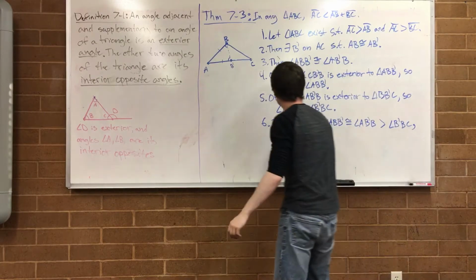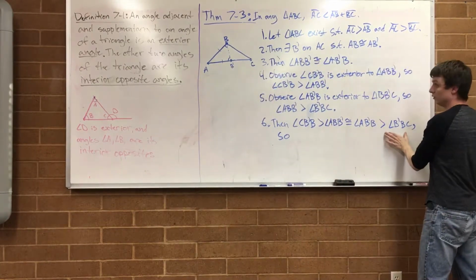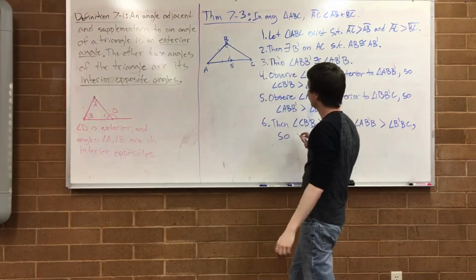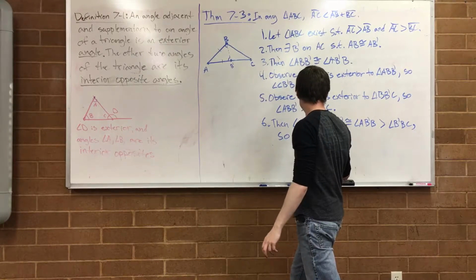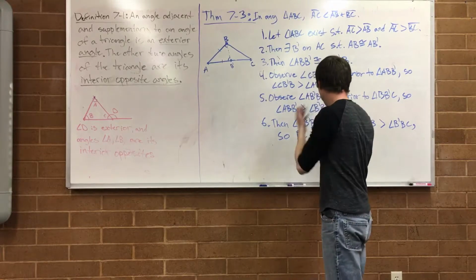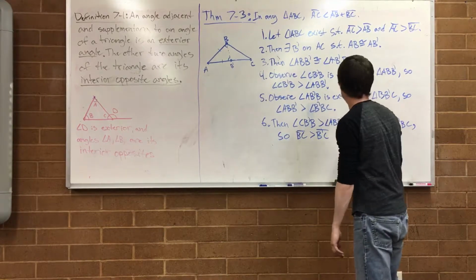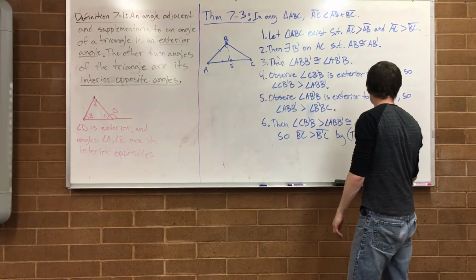So, if this angle is greater than this angle, BC is greater than B prime C. So, BC is greater than B prime C, not B prime C prime, B prime C, by our last theorem, Theorem 7.2. Right?